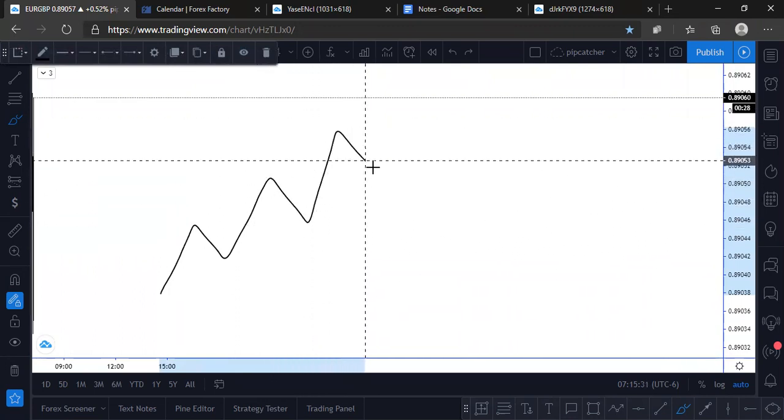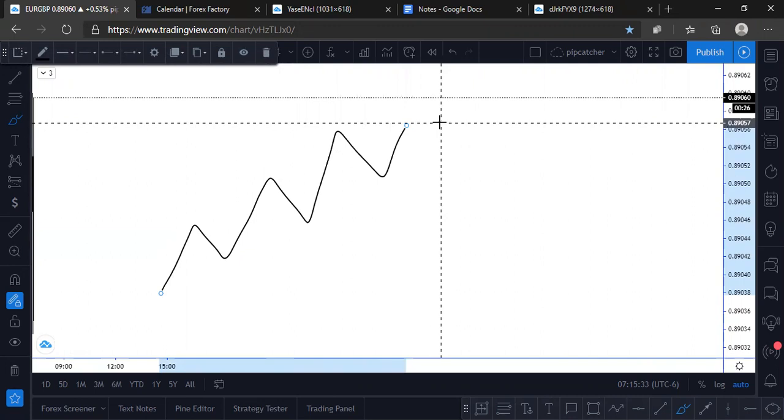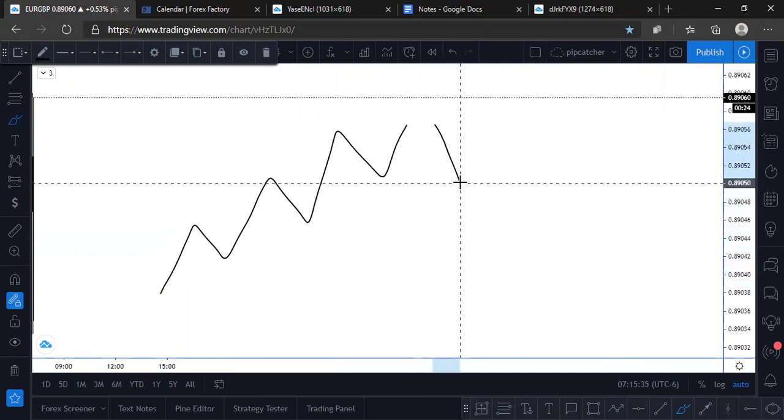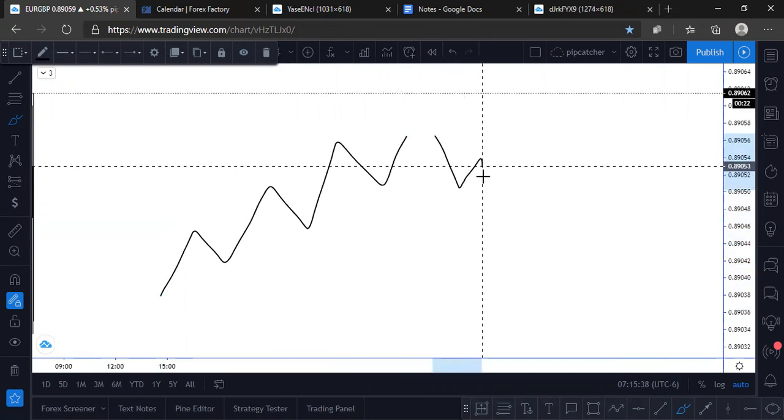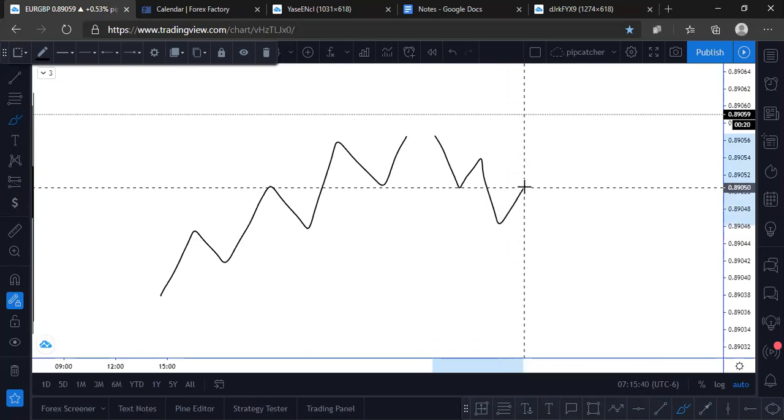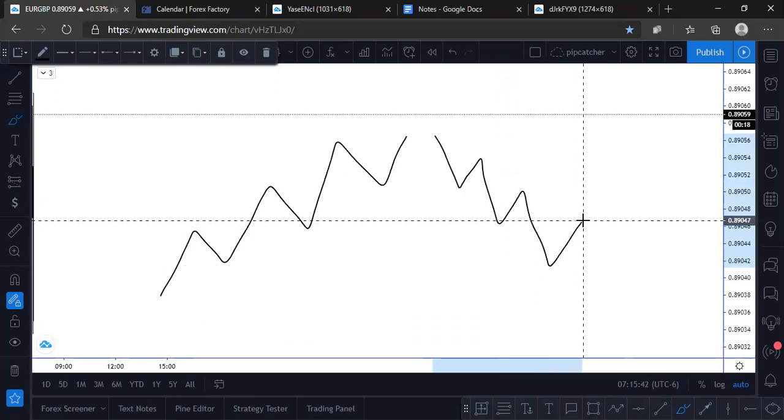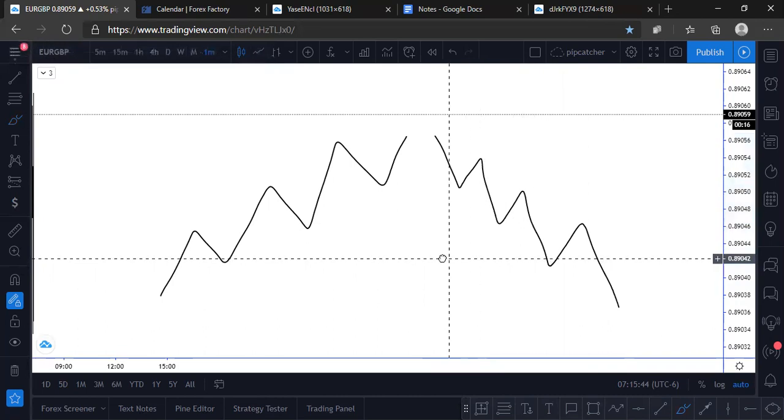We have the higher high, higher low, boom, and then we have lower low, lower high, lower low, lower high, lower low, lower high, and so on, right?